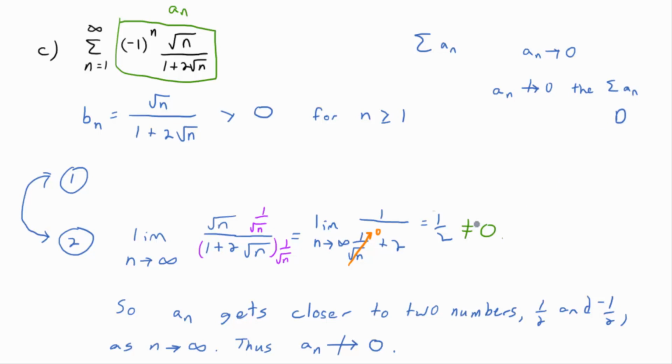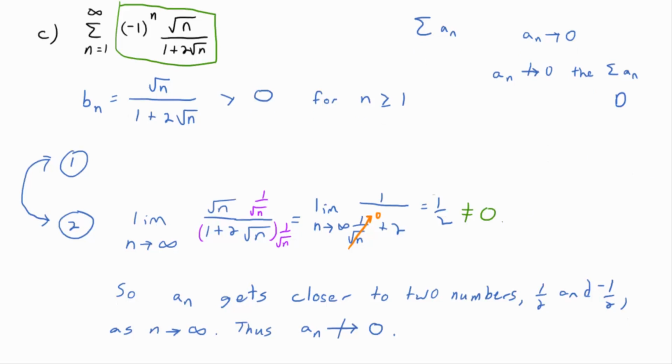What test did we call that? Anybody remember? I call it the nth term test. I think your book calls it the test for divergence. The full name is the nth term test for divergence. If you say the test for divergence or nth term test, I'll know what you mean. So we're ready for the conclusion then. The series diverges by the nth term test.